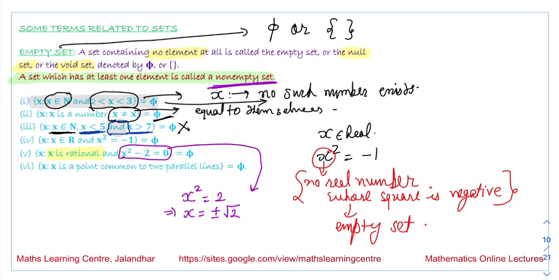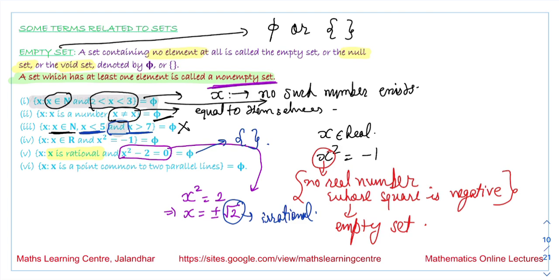And we know that this number square root of 2 is irrational. It means there is no value of x which satisfies this equation. So the set we are talking about is an empty set, that there is no x for which x is rational and x square is equal to 2.